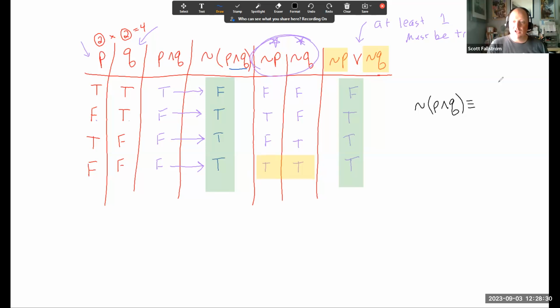Okay, these are two logical statements. And so here we go. I would say these two are equivalent. And if you kept going, there is another one where you say this one, P or Q, and that turns out to be equivalent to the negation of P and the negation of Q.